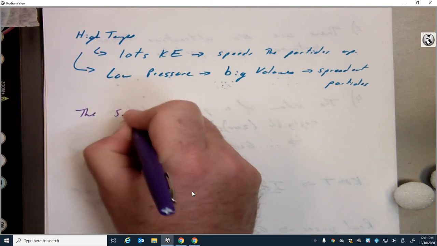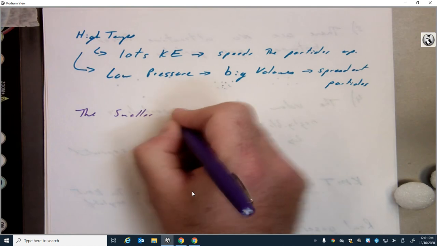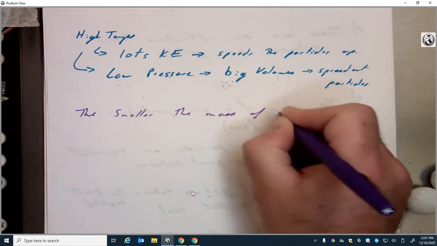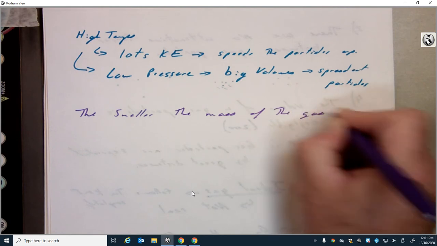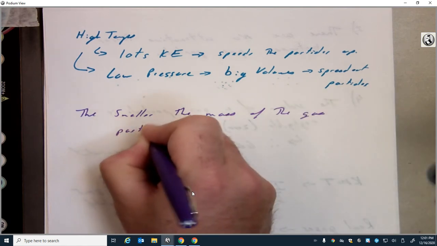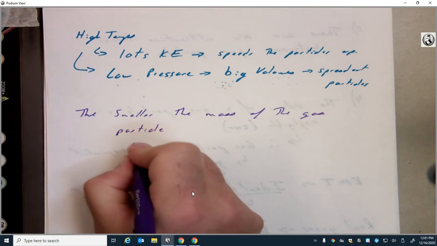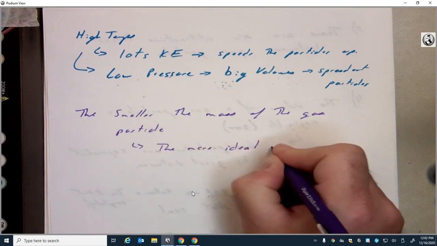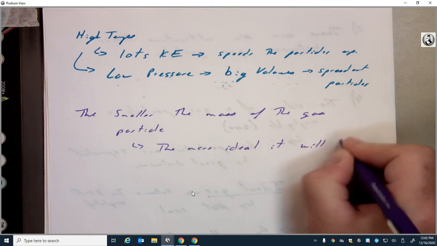The smaller the mass of the gas particle, the more ideal it will behave.